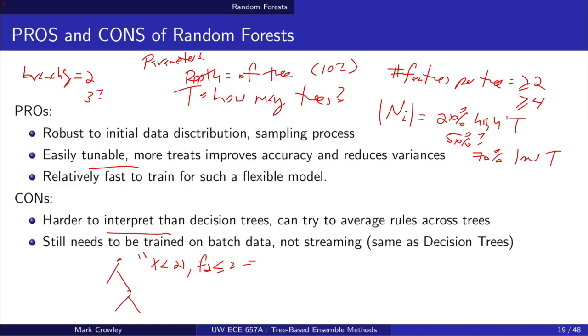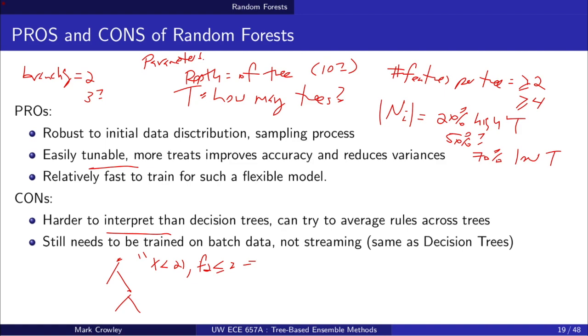You could try to come up with average rules across them, but it's hard to interpret. Basically, any good model in machine learning is usually hard to interpret. People often complain that neural networks are hard to interpret or impossible to interpret because of the way they're set up. And then they'll say, oh, decision trees are better, but only single decision trees are better. Random forests, which is what you would actually use, aren't really much better. I mean, theoretically, every tree has a story here with all these rules, but how do you combine 100 random stories together?